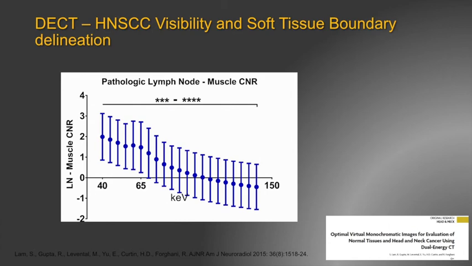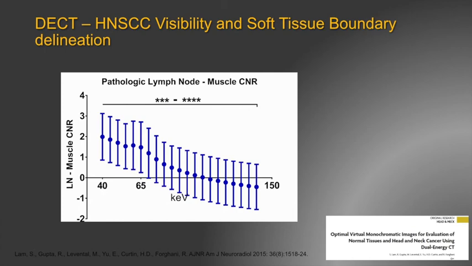Now, I need to mention that when it comes to contrast to noise ratio, and even more so to subjective evaluation of different energy VMIs, there is not consensus in the literature on which low energy VMI is optimal, and some studies favor a slightly higher energy.